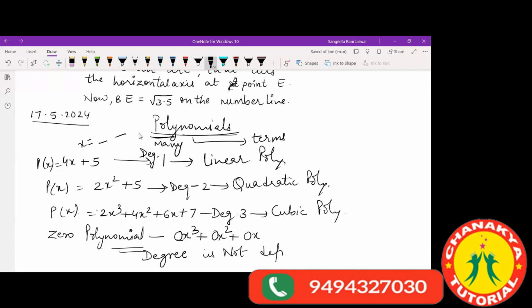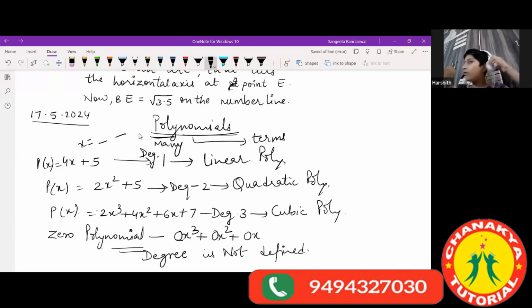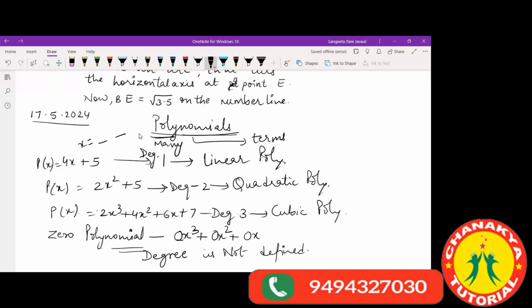Ma'am, can you explain again how we can say the degree is not defined? I'm saying when all the coefficients of x variables are 0, then we call such a polynomial a zero polynomial, and its degree is not defined. How can we say that? See, when you multiply something with 0, the complete term becomes 0.